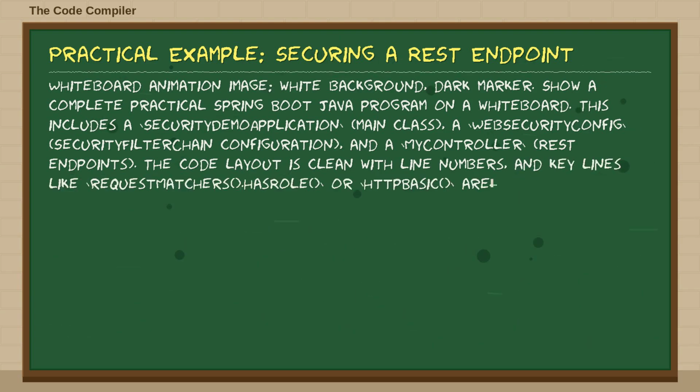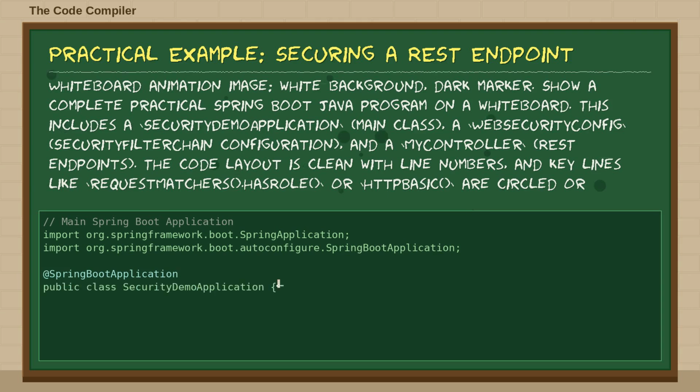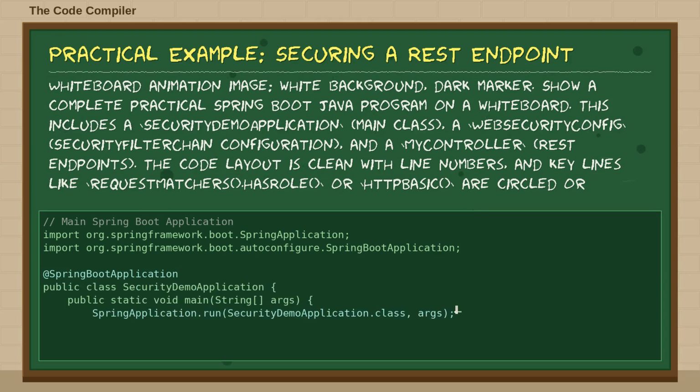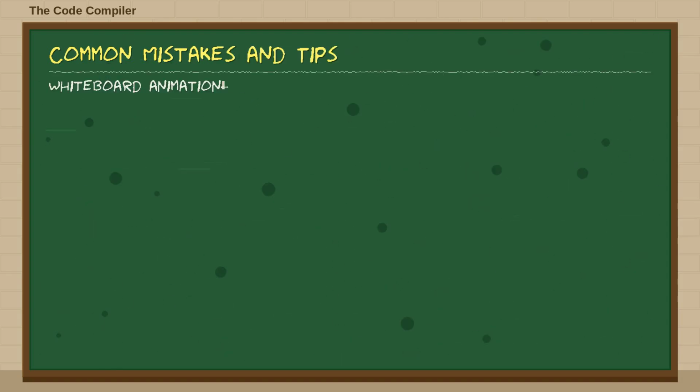The code layout is clean with line numbers, and key lines like request matchers, .hasRole, or HTTP basic are circled or underlined. A simple output example, access denied or hello, user, is shown below the code with an arrow. No people.